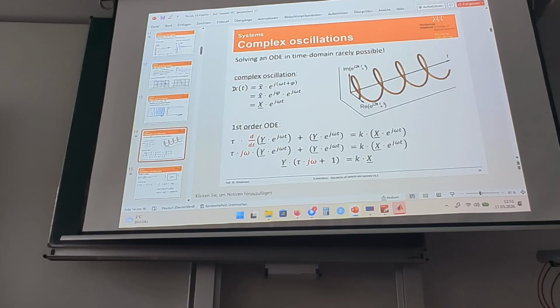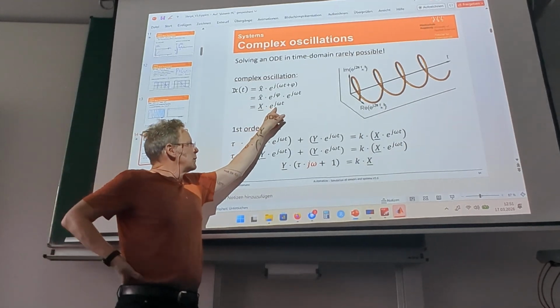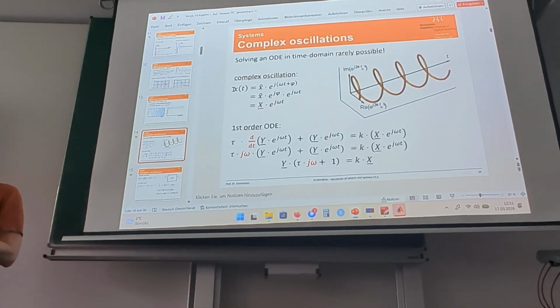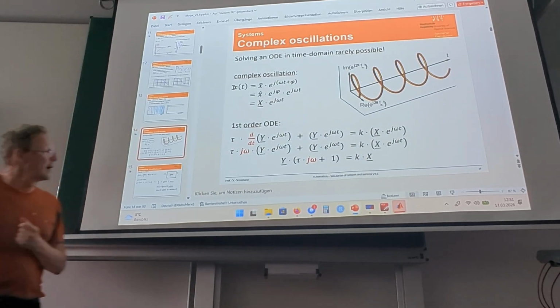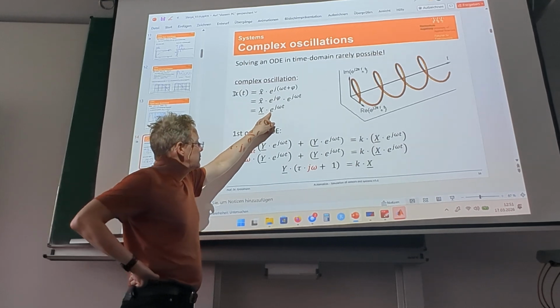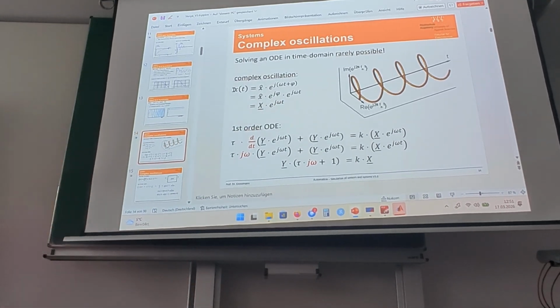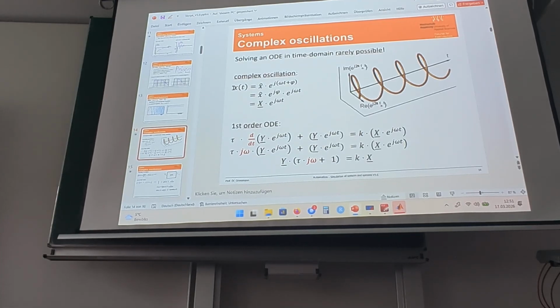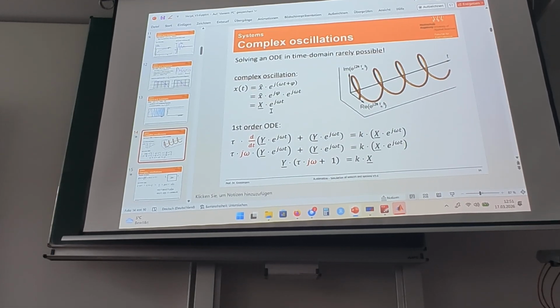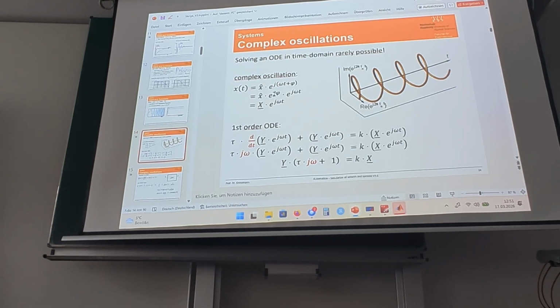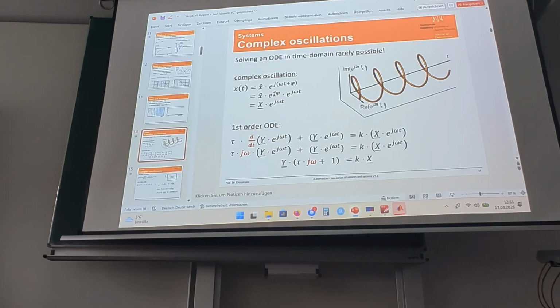The basis for a complex oscillation is an exponential function with an imaginary part. Wherever you see a j here, that means it's imaginary, and the exponential function with j omega t produces this oscillation. So the derivative of such a function is still an exponential function, just like for real values.